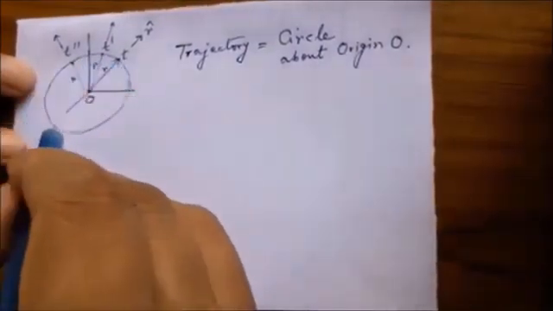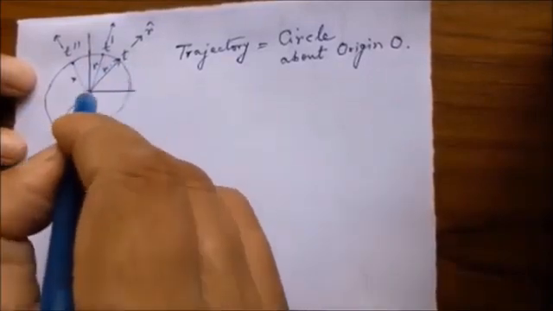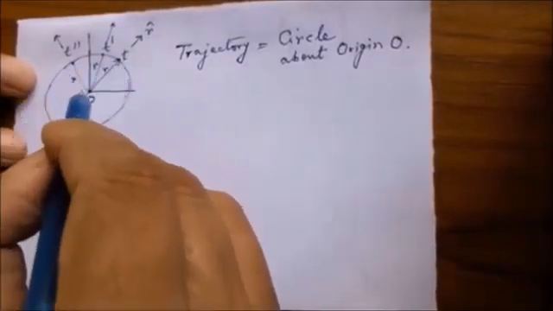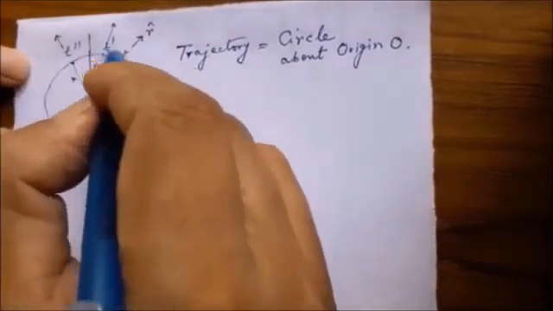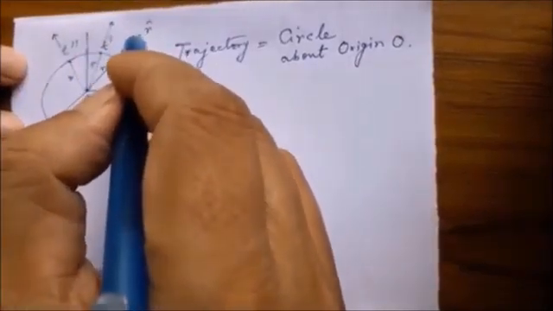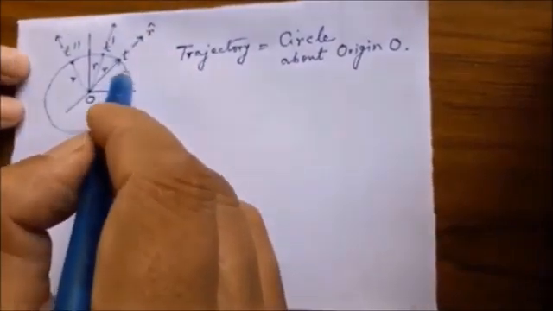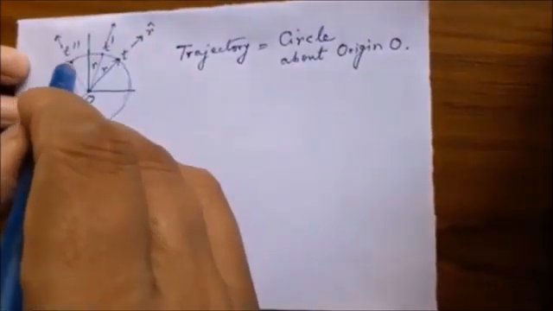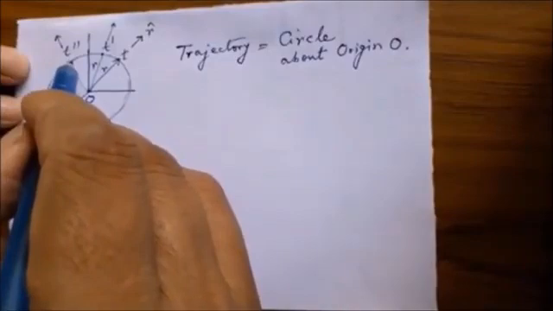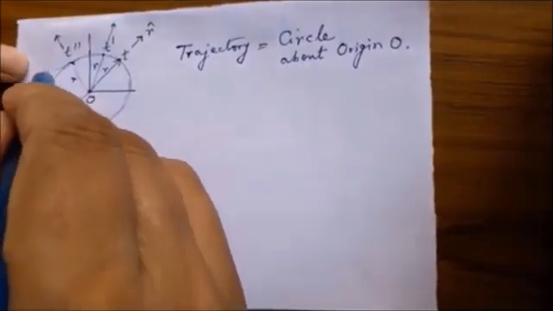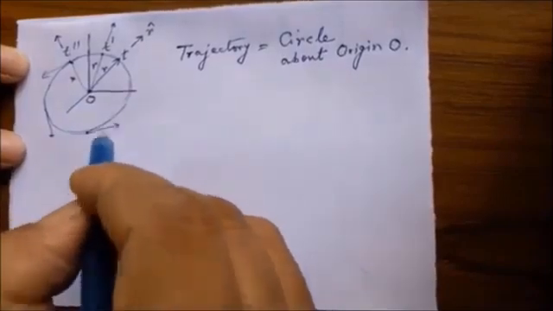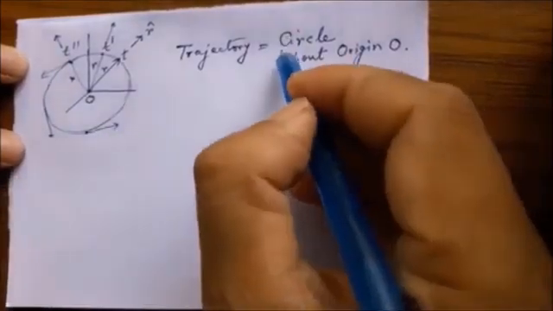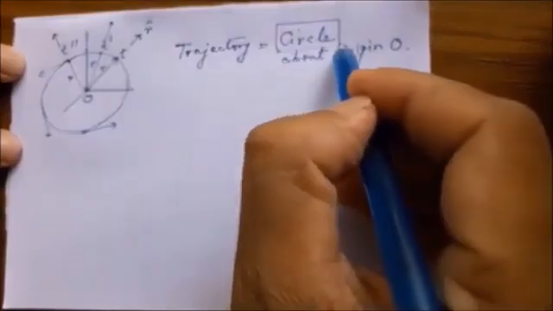When it is on the circle, at any point on the circle, the magnitude is always r, which is the radius of the circle, but at each and every point the direction of the position vector changes, and the particle moves along the circle, meaning it is always directed along the tangent to the circle. So the trajectory is a circle.